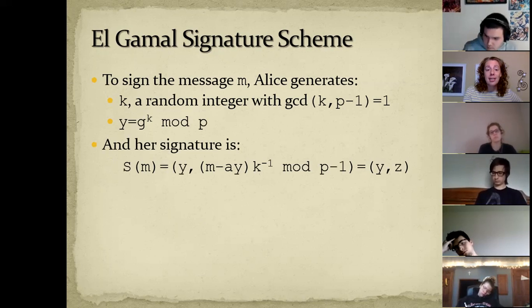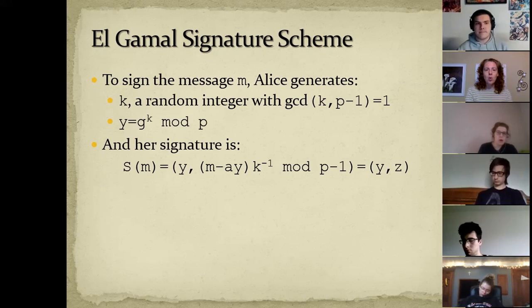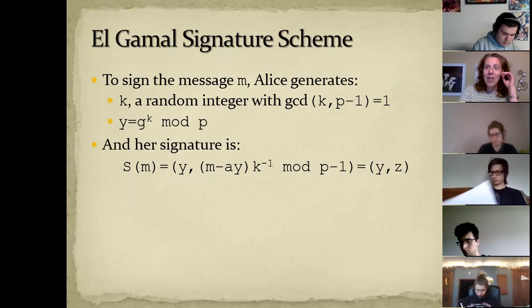And then here's her signature. Her signature is also an ordered pair in this case. The first part of her signature is Y, what we just computed previously. And then the second part of her signature is M minus A times Y, all of that times K inverse, and then all of that mod P minus 1.